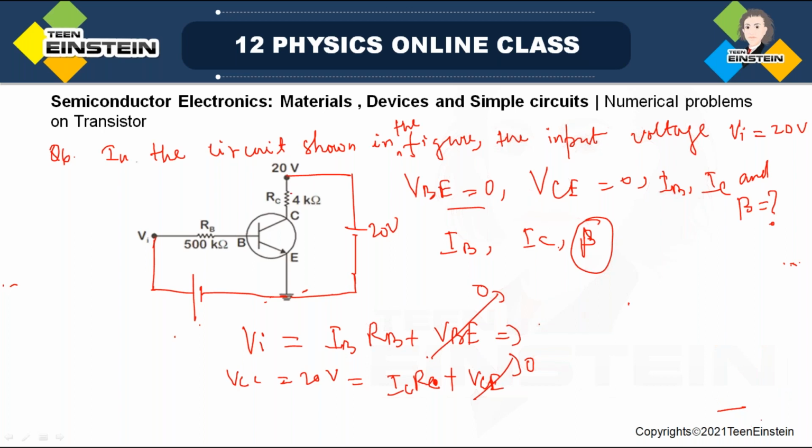Let me just do the simplification over here. Sometimes this mouse pointer is not visible on the screen, that's why I have to do this. So IC will be VCC, that is 20, divided by RC, which is 4 kilo ohm.